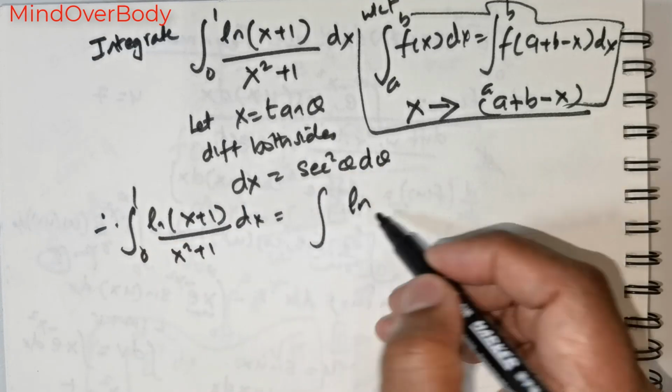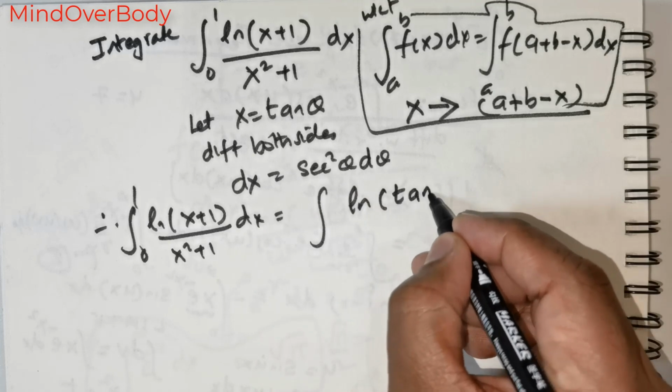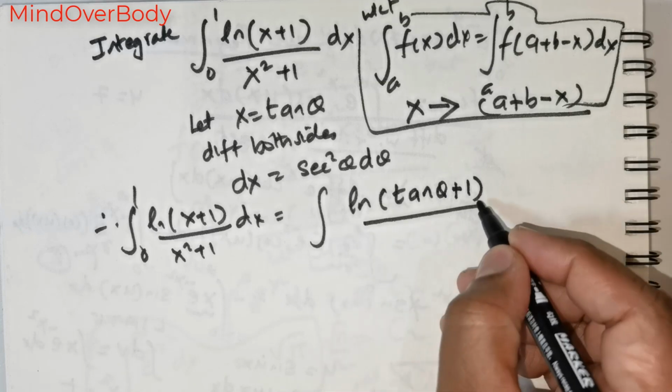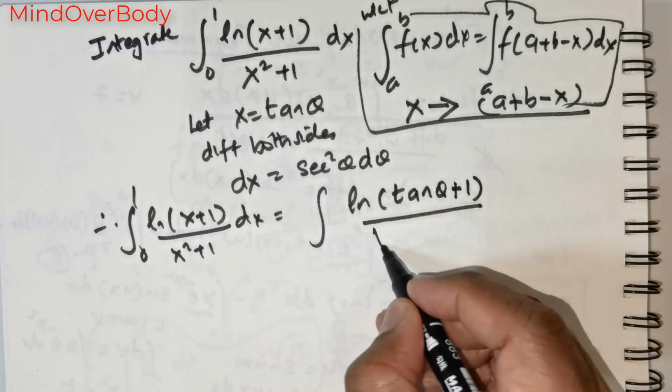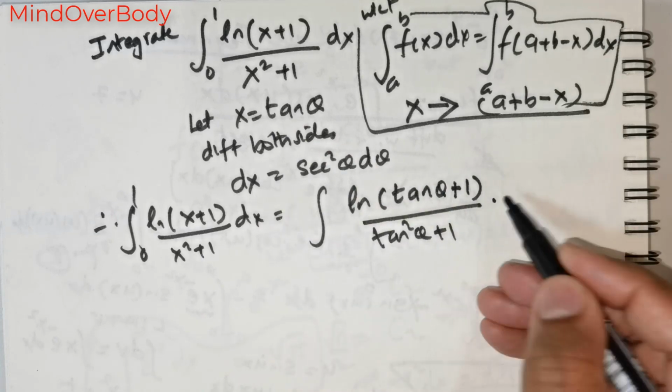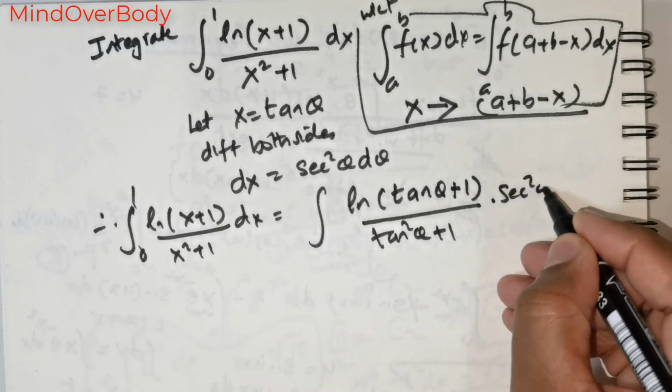Now let me make the substitution. In place of x, I have tan theta, followed by 1 divided by tan squared theta + 1, and my dx is going to be secant squared theta d theta.